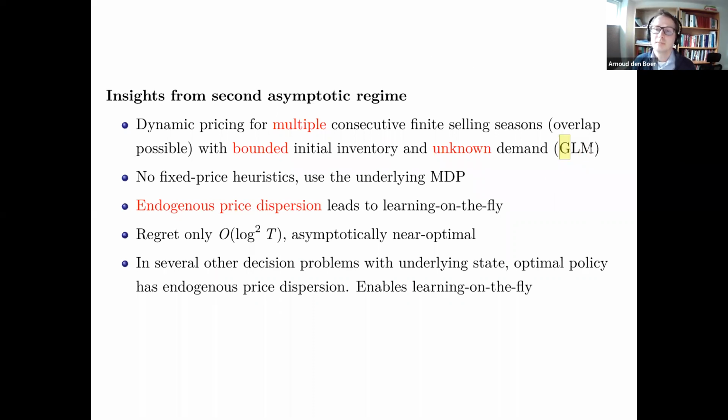But in this case, you may wonder what happens if I would adopt a non-parametric approach. I'm not sure if you then can reach a logarithmic regret. Why is that? We have some variation in our prices.